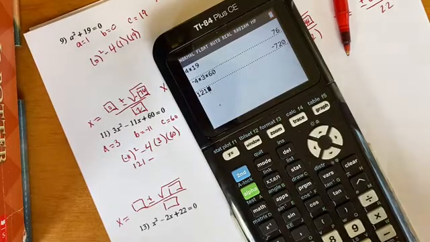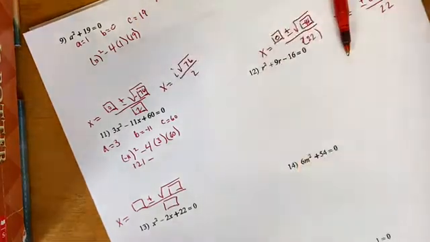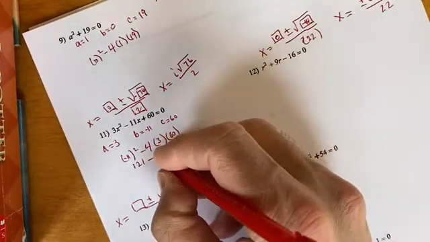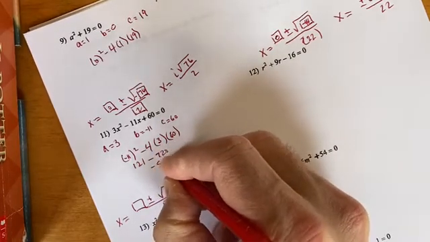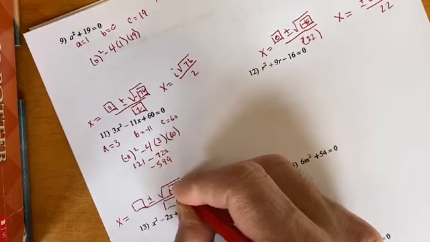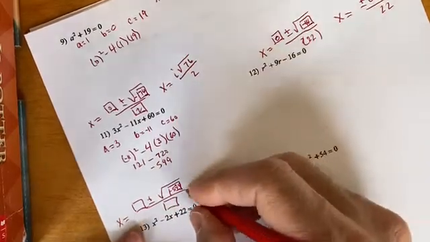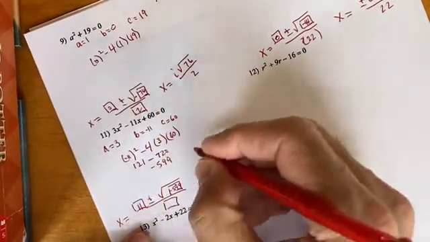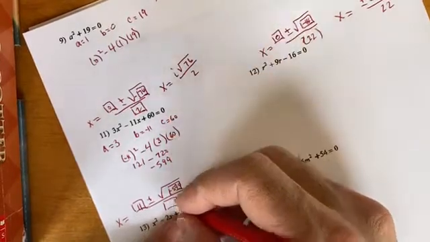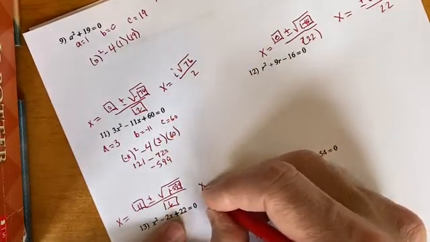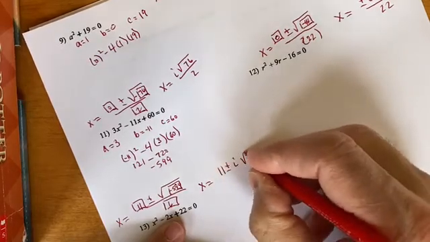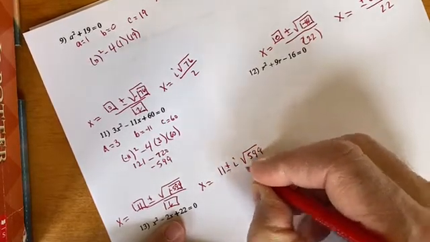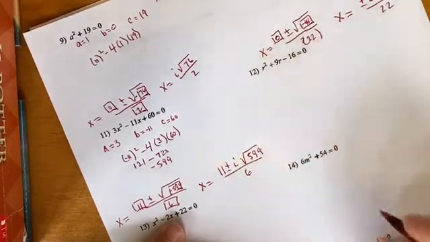So 121 minus 720 is negative 599. Okay, negative b is positive 11, and 2a is 6. So x is 11 plus or minus i square root of 599 all over 6.